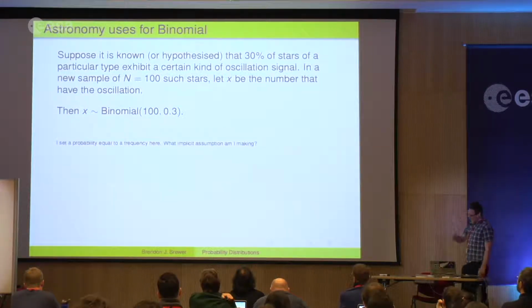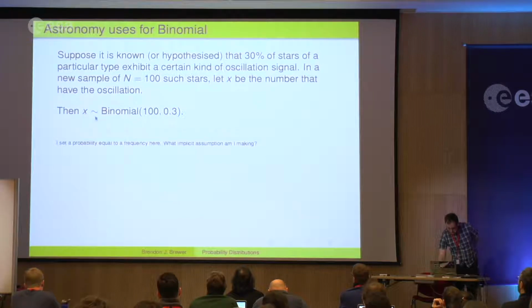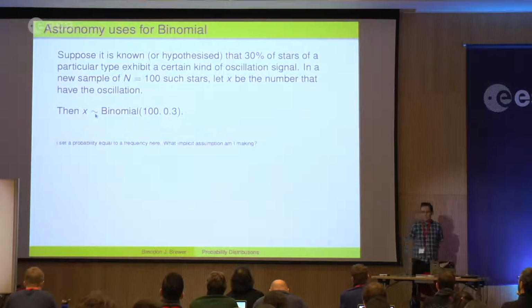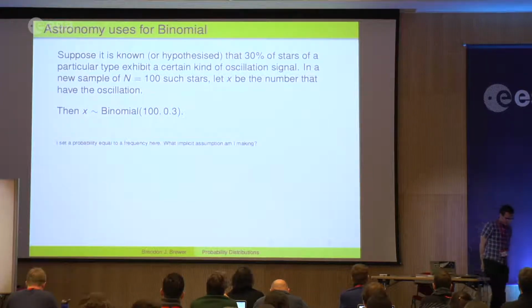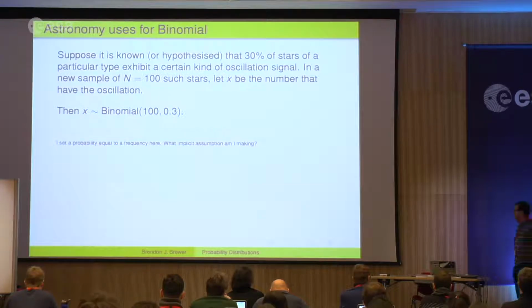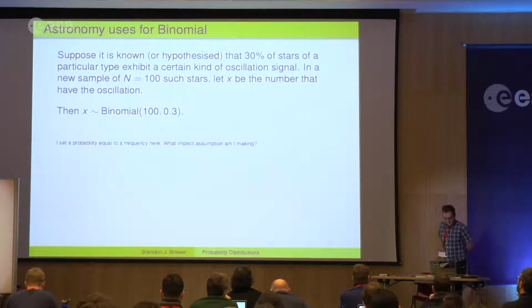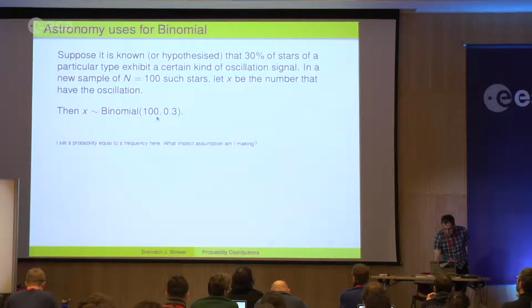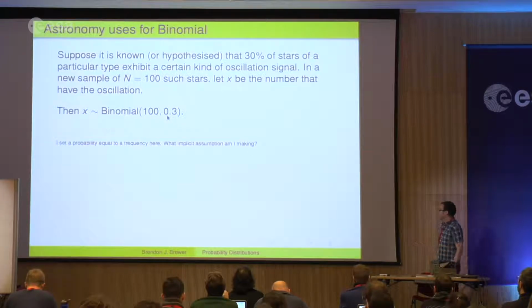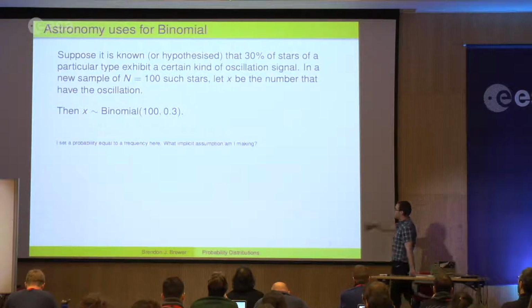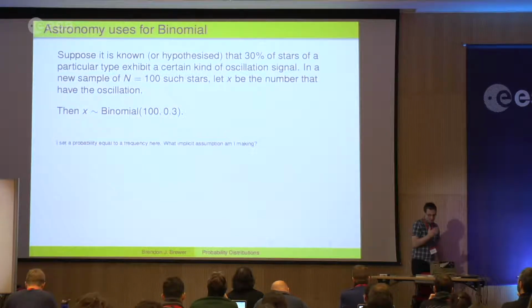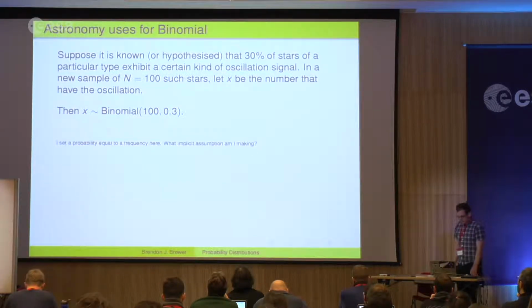Then this is one way of writing it: I write the name of my random variable, and then this tilde, which I call twiddle, because I had a stats professor in first year undergrad, and he called it twiddle, so it's good enough for me. If you write x twiddle binomial, and then how many trials and what's the success probability, that's a very concise way of saying what the distribution is, and you don't have to write out the formula at all. I'll be using this notation throughout to write down assumptions about distributions.